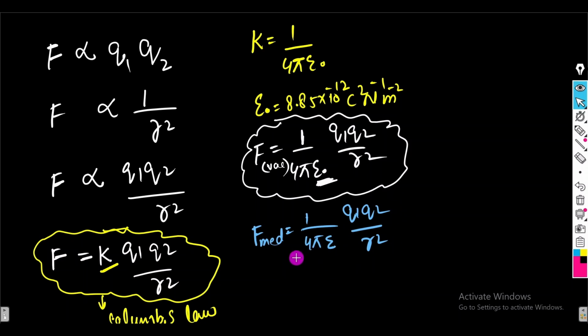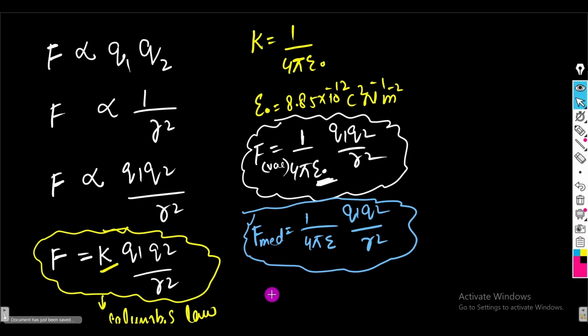We can also simplify this law further. As we know, relative permittivity is the permittivity of the medium divided by the permittivity of free space.